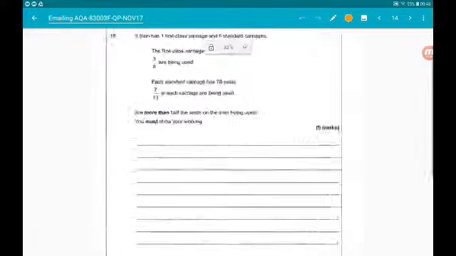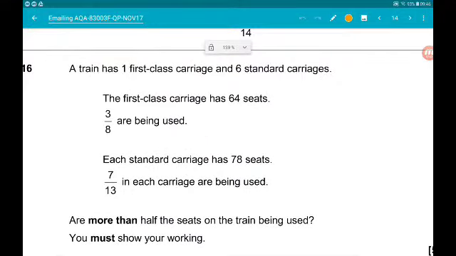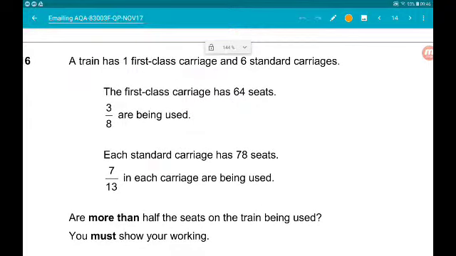Okay, 16. A train has 1 first-class carriage and 6 standard carriages. The first-class carriage has 64 seats. 3/8 are being used.